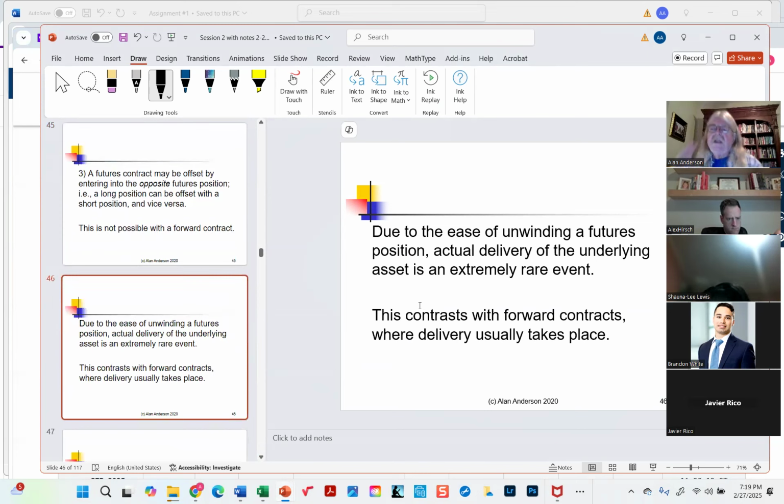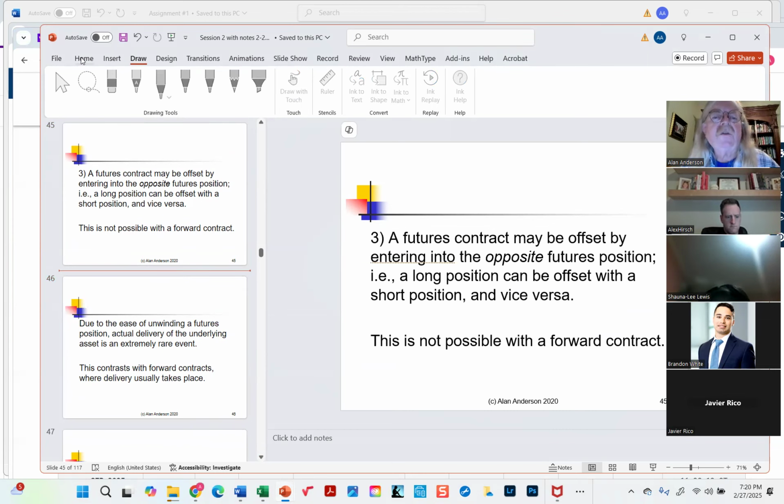So that means that usually hedgers will choose between the forward and the futures contract. This is one of the main reasons for choosing one over the other.